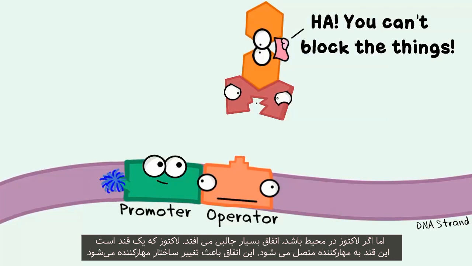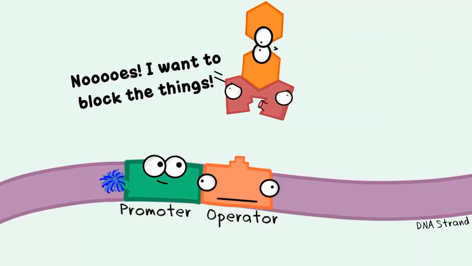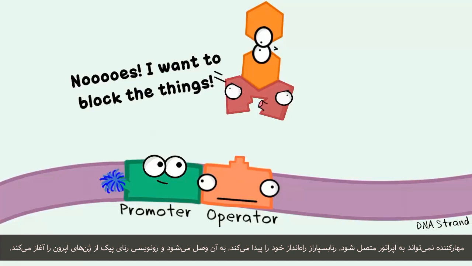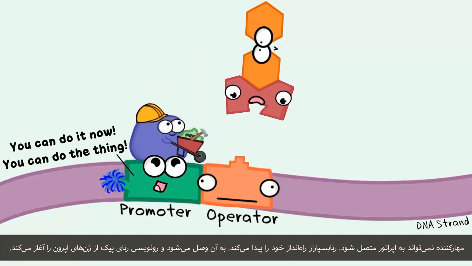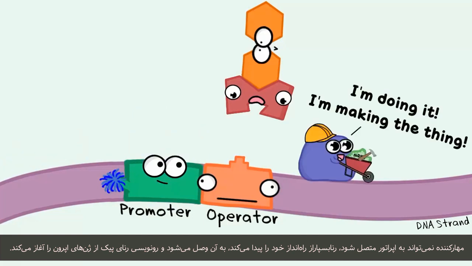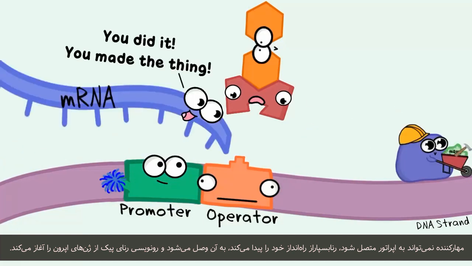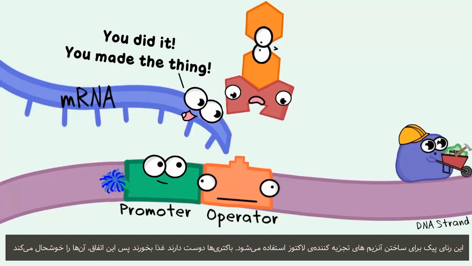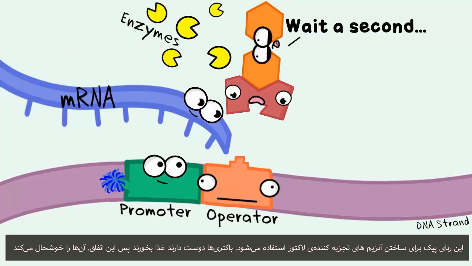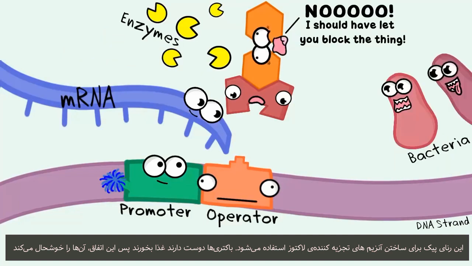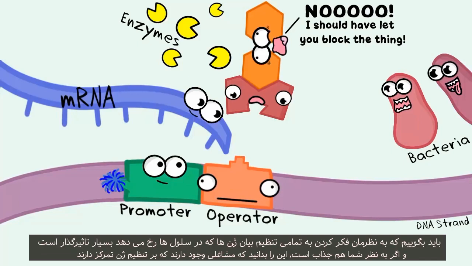This changes the repressor's conformation. Try as it might, the repressor cannot bind to the operator. RNA polymerase finds its promoter, binds, and transcribes to make the mRNA from the genes on the operon. That mRNA will be used to make enzymes to break down the lactose sugar. And bacteria like to eat, so that makes them pretty happy.